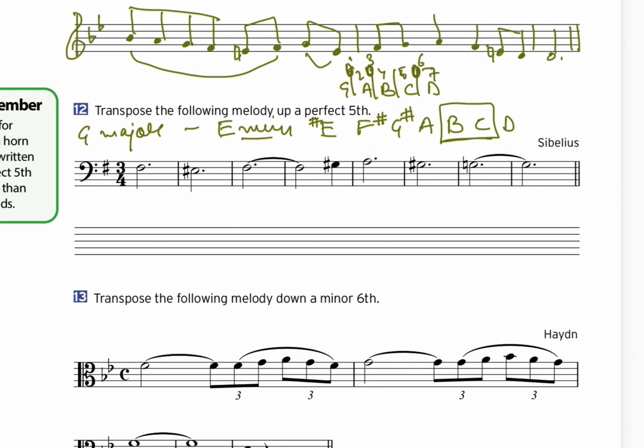So we reach the 7th semitone, that is D for perfect 5th. So we have to move to D major. So D major has 2 sharps. So let's make that. This is bass clef and 2 sharps, that is our F sharp and our C sharp. Okay, time signature is 3/4.